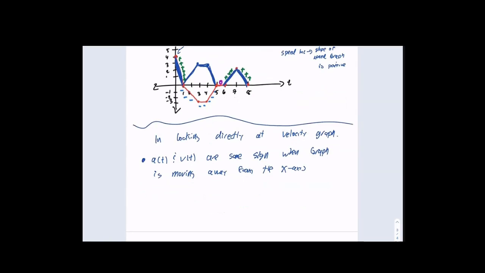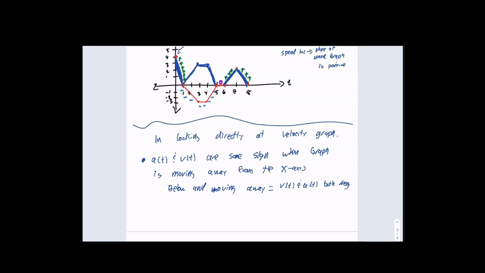In other words, if it was below and moving away, that equals v of t and a of t both negative.